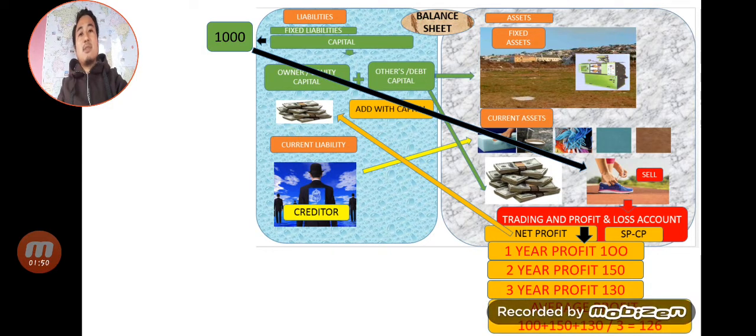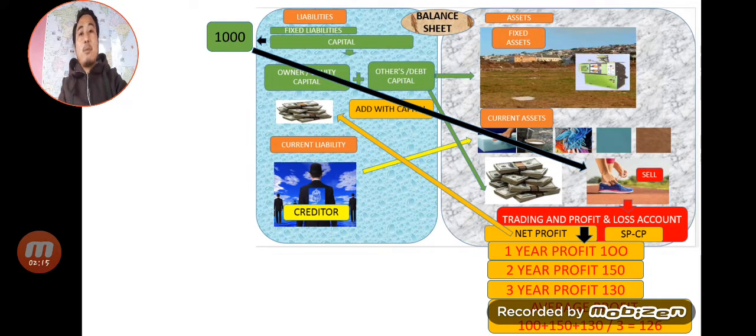I'm using simple average: 100 plus 150 plus 130 divided by 3 is 126. So by investing 1000 in this business and remaining for 3 years, 126 is the average profit, the return from this investment.